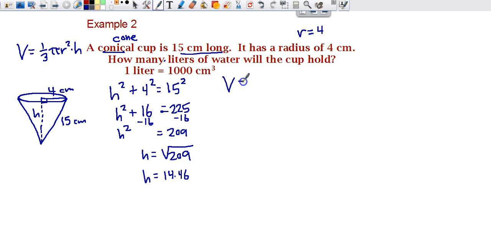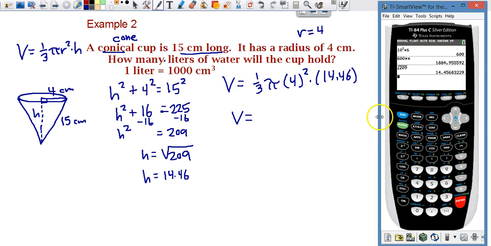So my volume is 1/3 pi r squared times 14.46. And I'm not going to do this in terms of pi because I already got decimals, so I might as well just get the decimal answer.